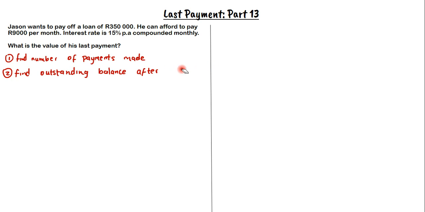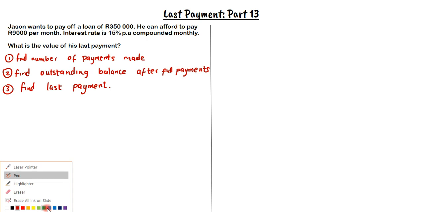By full payments, this basically means after we are done paying those full 9,000 rands. And then thirdly, we want to find the outstanding balance, or the last payment.